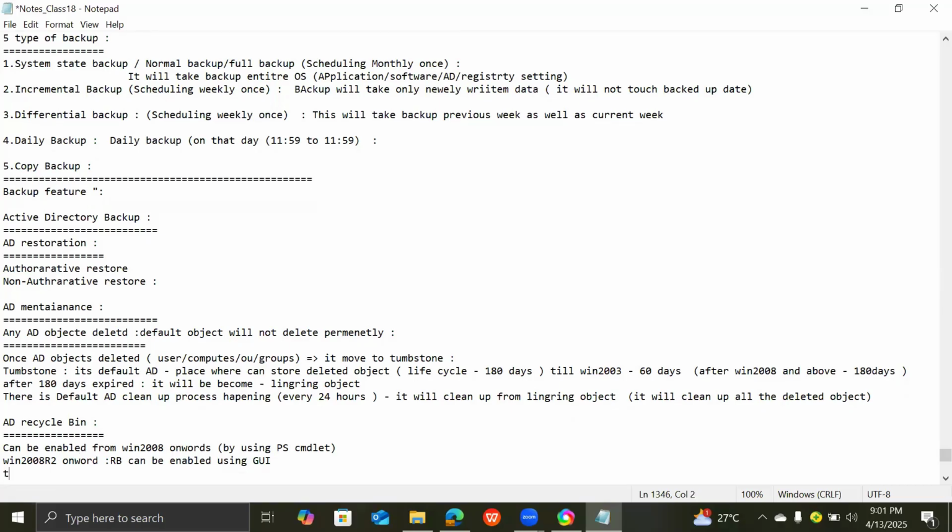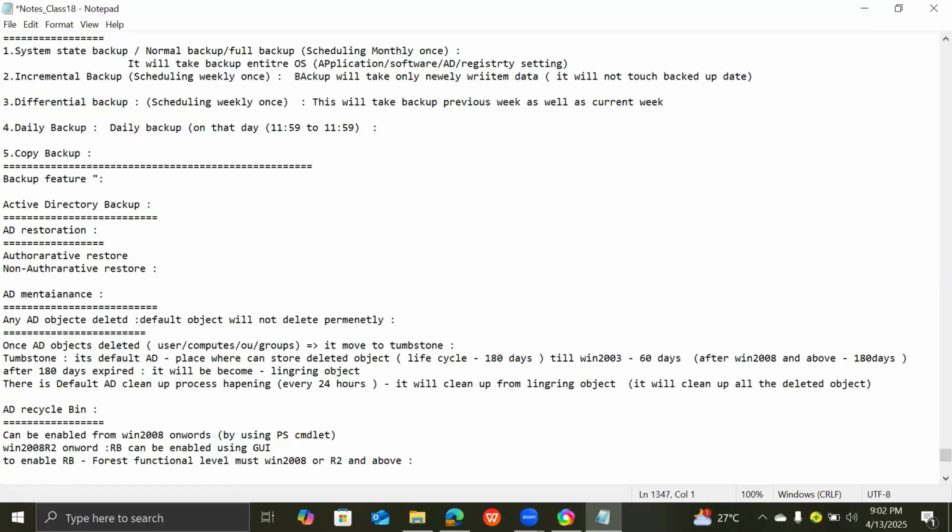To enable the Recycle Bin, our forest functional level must be Windows 2008 R2 and above. Only then would you be able to avail this feature.